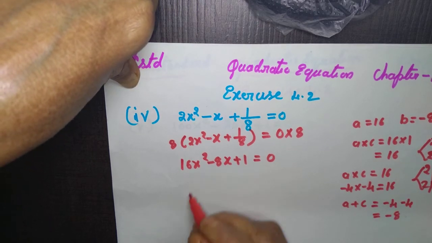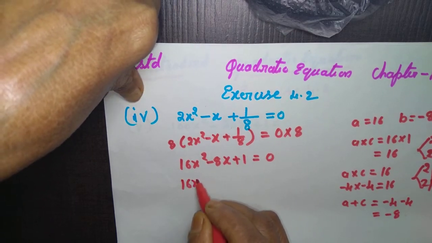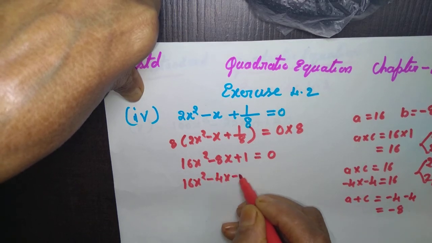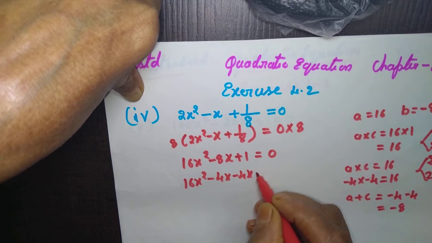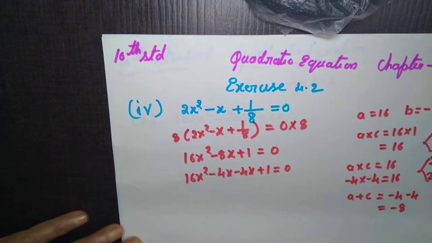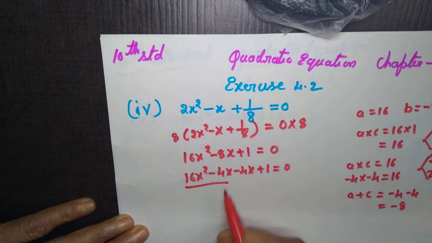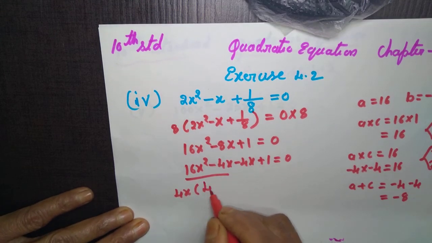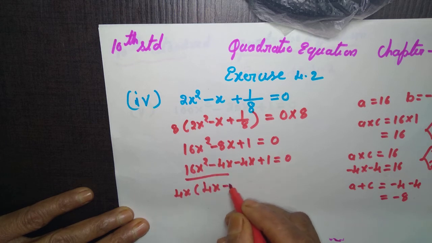Therefore split this: 16x square minus 4x minus 4x plus 1 is equal to 0. In the first two terms, what is common? 4 4s are 16, so 4x is common. What will remain in the first term? 4x minus 1.